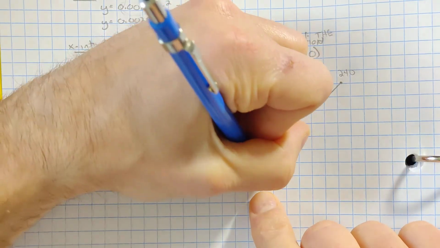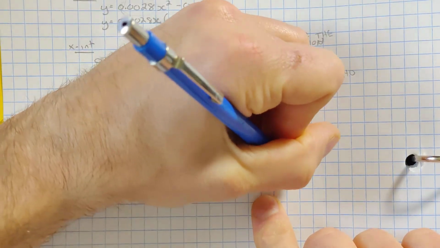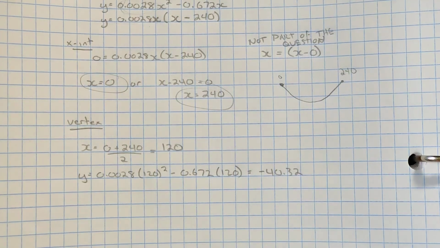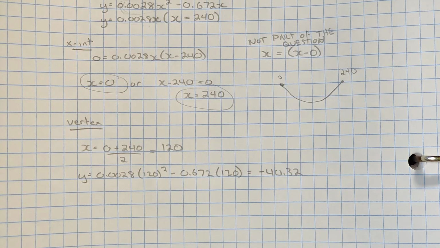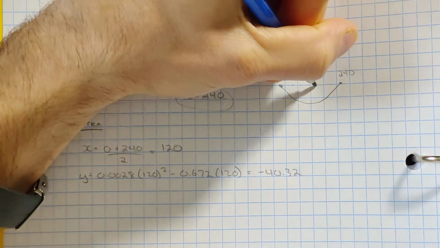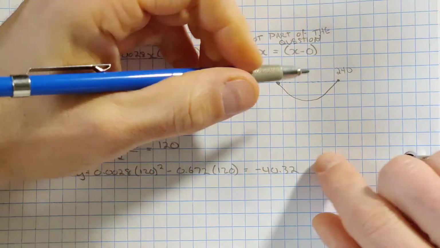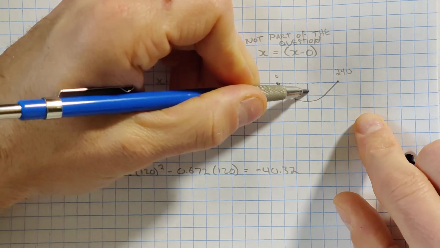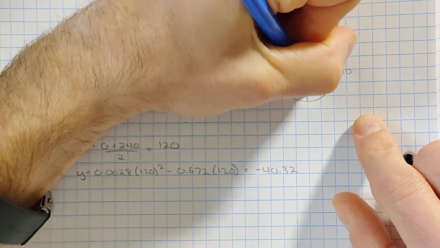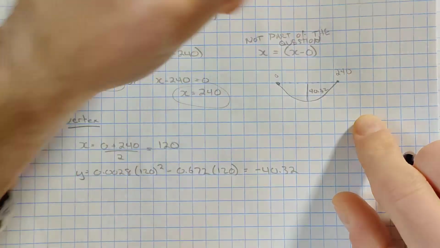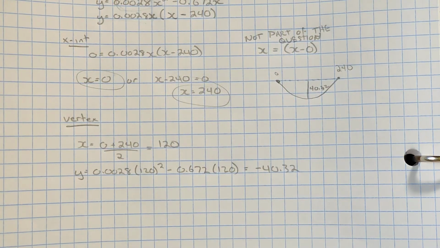And it works out to a negative 40.32. So what that means is that from the ground level here, this is probably one of those satellites that's buried in the ground, as I mentioned earlier. This depth here is 40.32 feet deep at its lowest point.